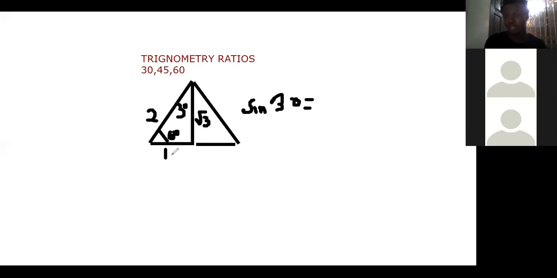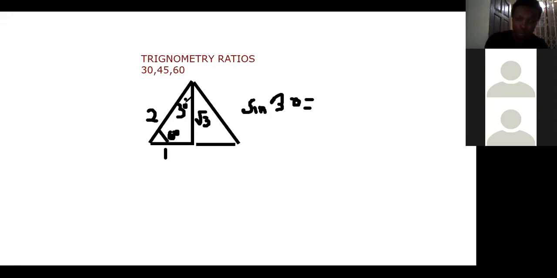Do you get it? Not quite. I said sine 30. Just forget that maybe there's 30 here. Let's say sine x. Let's say here the x is here and here is y, but they are all angles. Sine x, I told you that the opposite normally depends on the angle in question. So the side which is opposite to the angle is what we call the opposite.